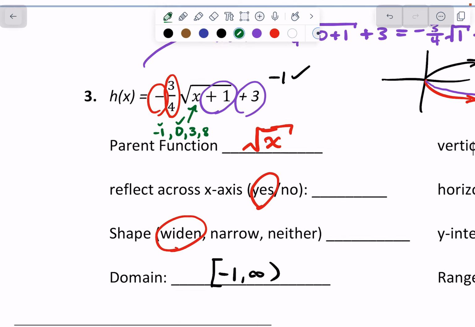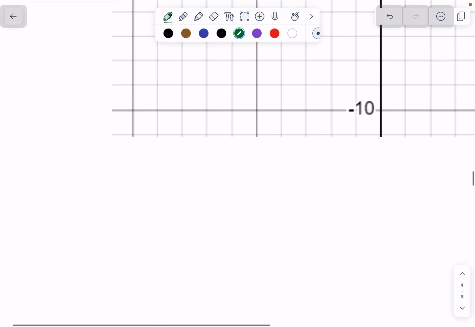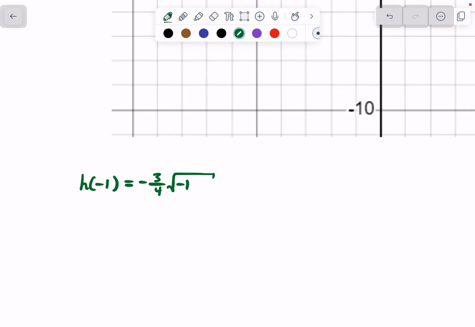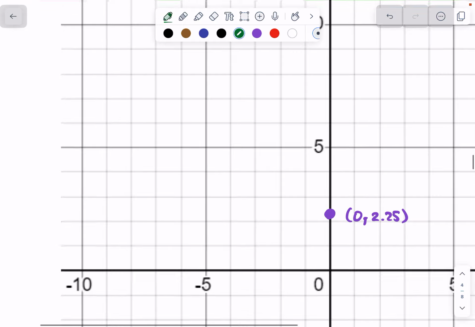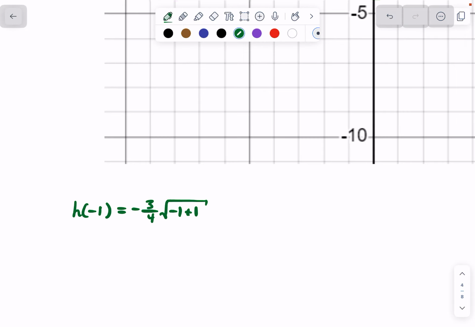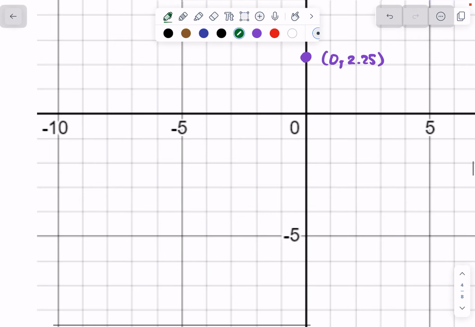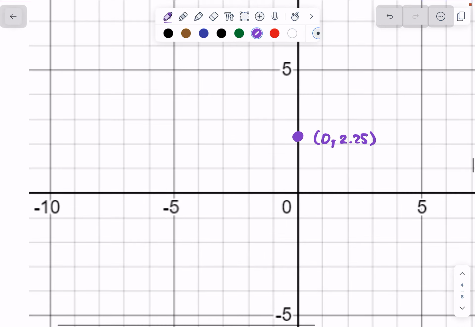So -1, h of -1: -3/4 square root of -1 plus 1, and we had plus 3. Okay, so we get 0 plus 3, which is 3. That's a really nice point to know.